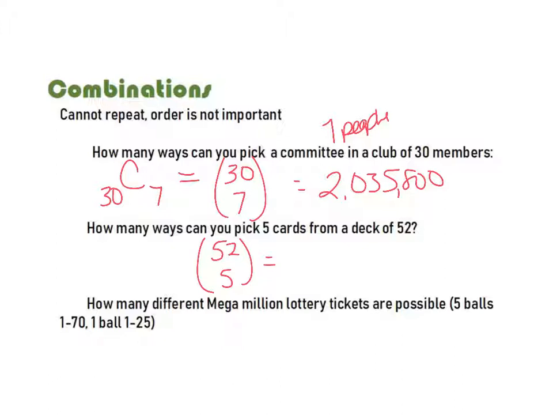You are hoping to get that one mega ball, and then you have to have the 5 other ones. The order that you pick these numbers does not matter. You're picking your grandma's birthday and your dog's birthday and all these special dates. The order that you pick those numbers does not matter. That's why it's combinations.